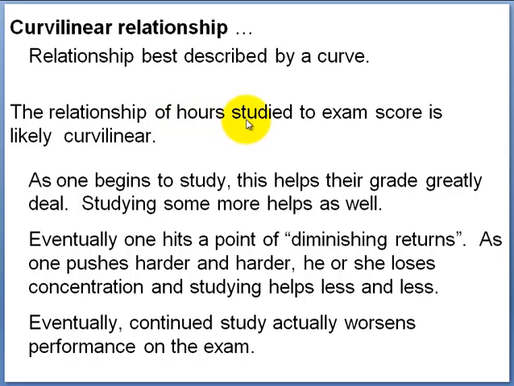Here we're thinking about the relationship between hours studied to score on an exam. Scores on an exam might range from 0% to 100%. Or perhaps no one gets a 0, in which case the range is less. But let's think through this relationship.